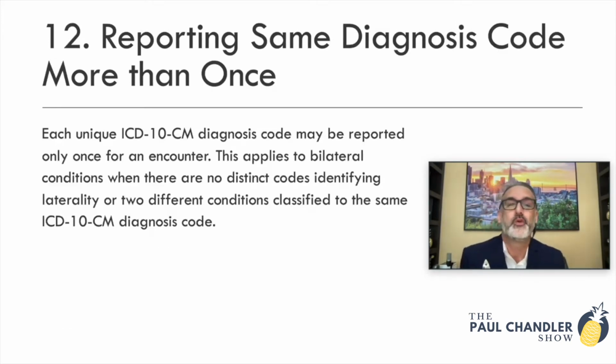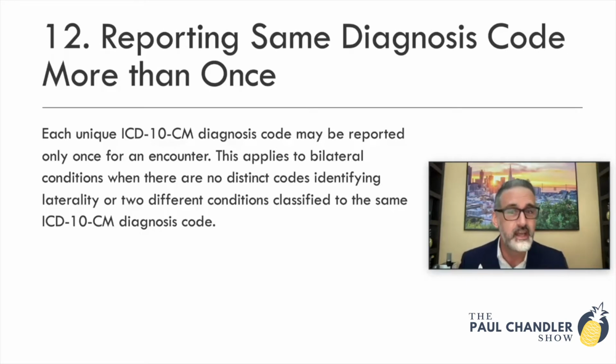And next we have part number 12 here, reporting the same diagnosis code more than once. We don't do that. Simply put, every single individual diagnosis code can only be reported once on the claim form. Now, if the patient has similar conditions, so the codes are really close to one another but different, then we can still code them.